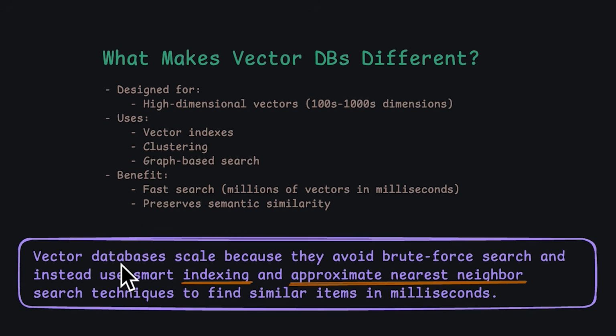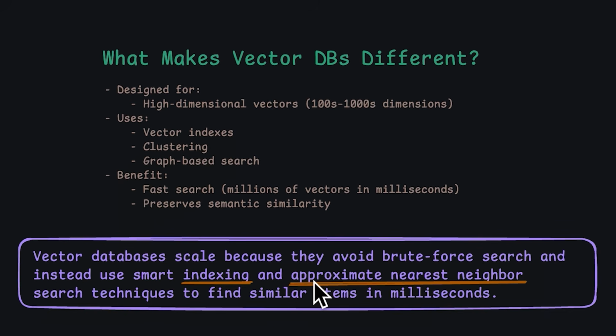So here's the key point. Vector databases scale because they avoid the brute force search, right? They don't search in a linear fashion, right? They avoid this brute force search, and instead they use smart indexing and approximate nearest neighbor search techniques to find similar items in milliseconds.